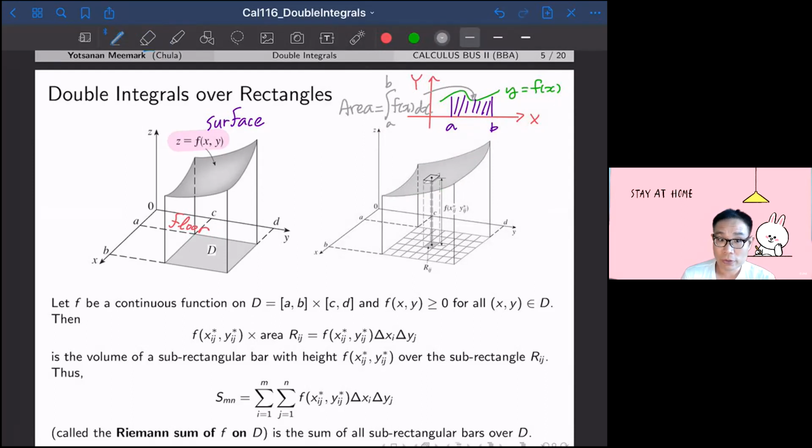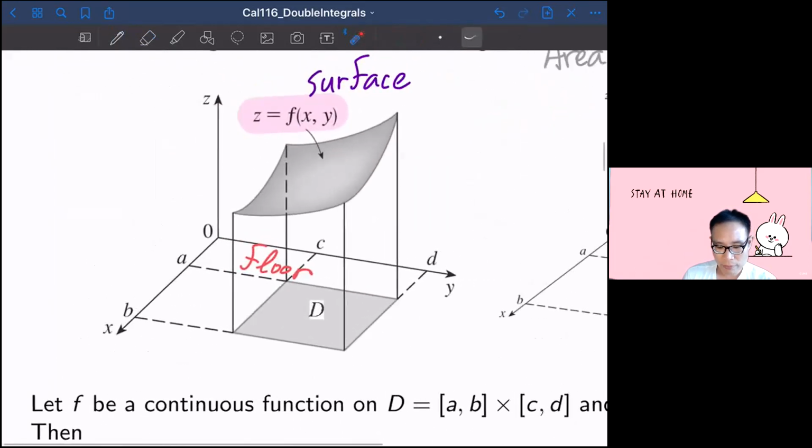However, if you have a surface z equals f(x,y) over the rectangle D here, how could we find the volume of the solid that is bounded above by the surface and below by the rectangle? You can imagine that this is a rectangle in two dimensions.